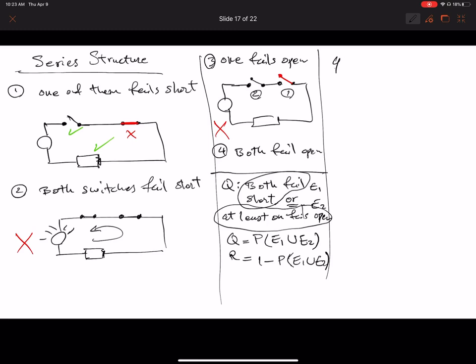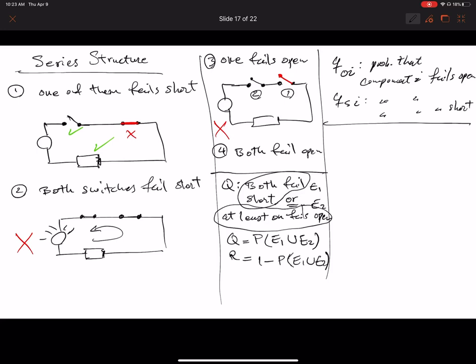So let's define QOI, the probability that component I fails open, and QSI, the probability that component I fails short. All right.